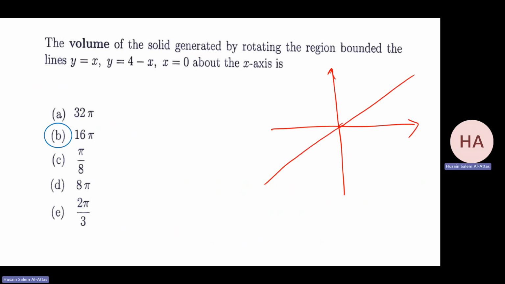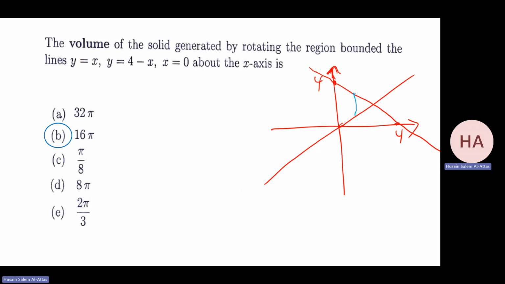Y equal 4 minus x. That will be 4. And that will be 4. So it will do something like this. And the x equals 0, which is the y-axis. So what is the region we are talking about? Is this one. This is the region. Okay. So I will do my strip. This is my strip.